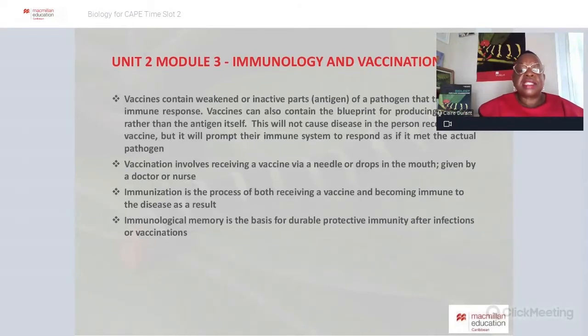Some other vaccinations, such as the measles and chicken pox or MMR vaccine, also last sometimes for years. So, all that time your body knows that if it meets this again, it is able to respond because it has memory cells there.